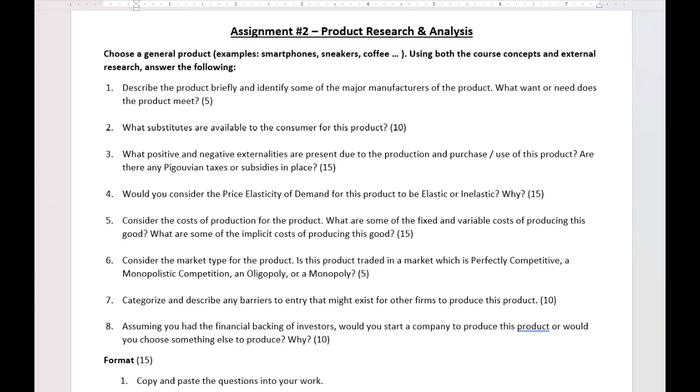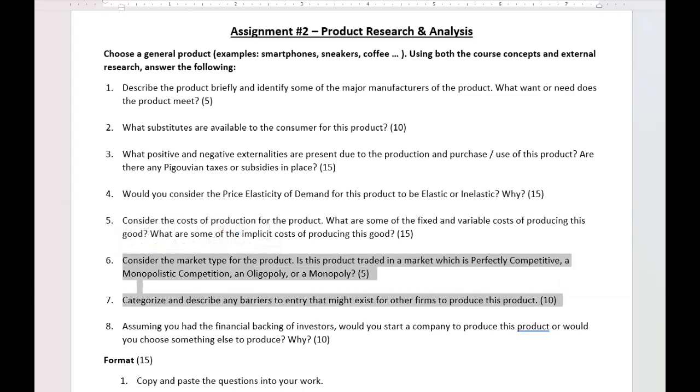Or is this something that maybe I could, in some ways, set up a monopolistic competition or even a monopoly on, if I was to be innovative and maybe develop a new way of differentiating myself from what other competitors are doing.